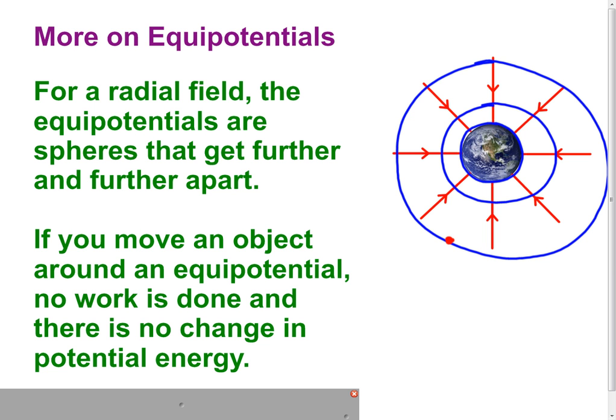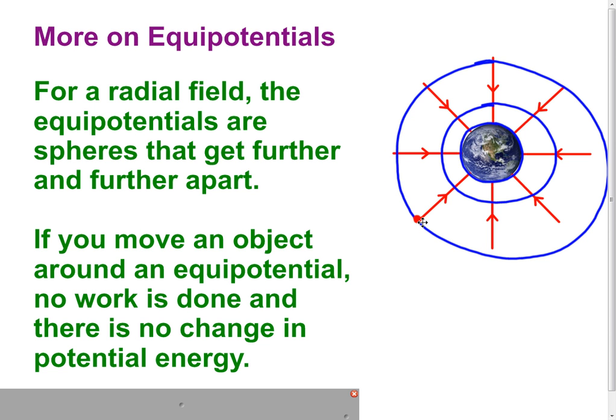Likewise, if we imagine a satellite orbiting the Earth in a perfectly circular orbit, as it moves around, there is no change in its gravitational potential energy. There is no work done on the object by gravity, so it keeps going around at the same speed.